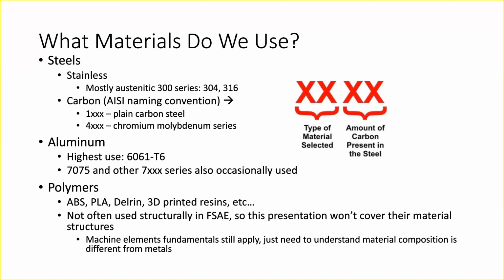However, if I have a different part that needs to undergo a lot of shock loading, or you don't care as much about the hardness because you don't have as many contact stresses, in that case, you might prioritize toughness over the yield strength, right? So the general trade-off is that yield strength tends to go up as you make the part harder, but it's also more brittle and it tends to fail more suddenly. Whereas if you bring the yield strength down and the hardness down of the part, it's slightly more tough, but it has a lower yield strength.